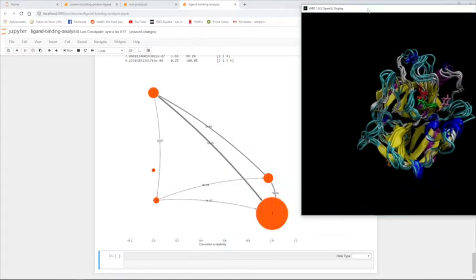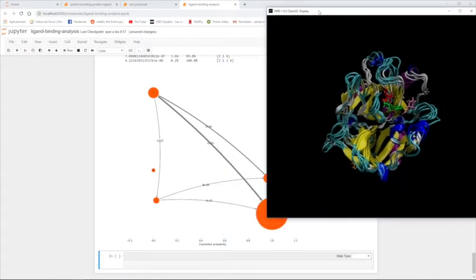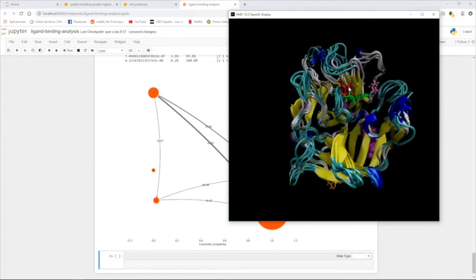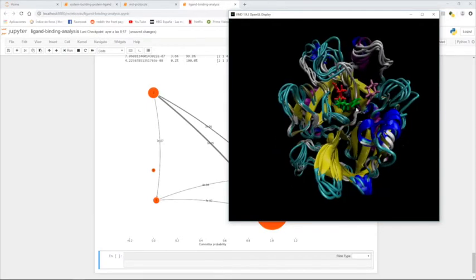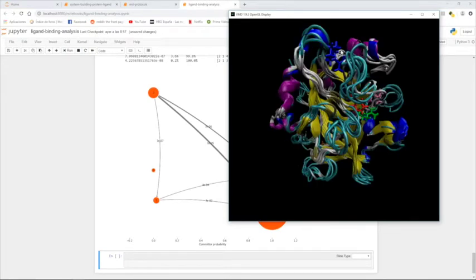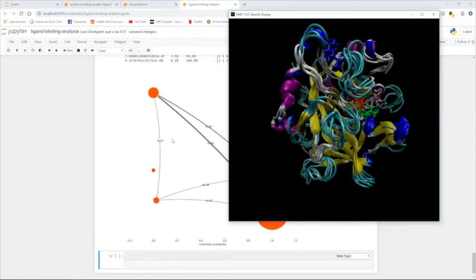So the bound state is macro state 4, which is the one here colored in red, which is the binding pose of benzamidine to trypsin. And then we can see that we have different intermediate states before going into the actual bound state, and that we also have this off-pathway state, which is macro state 0.